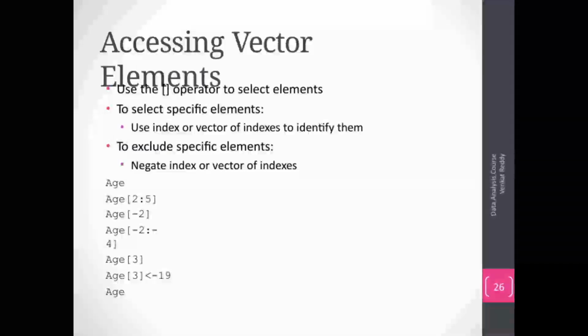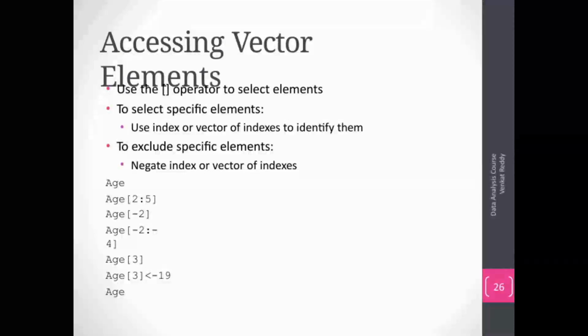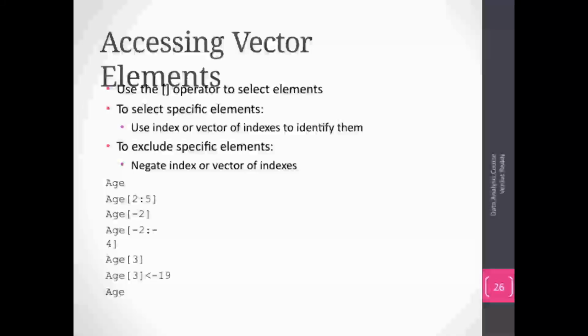For example, if we have a vector called age, age[2:5] will give us elements from position 2 to 5. If we want to exclude the second and fourth elements, we can write age[-c(2,4)]. Similarly, age[-2] will give us all elements except the second one, and age[-(2:4)] excludes a range of elements. We can also modify specific elements directly.